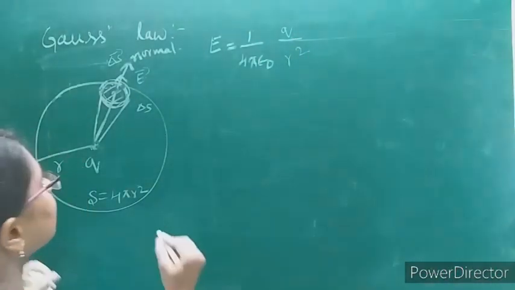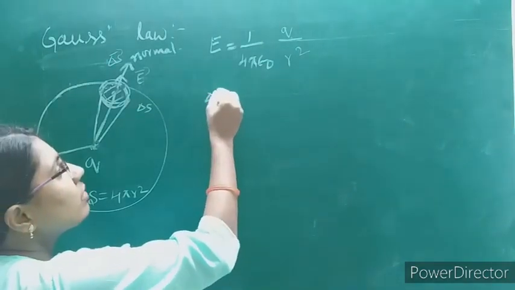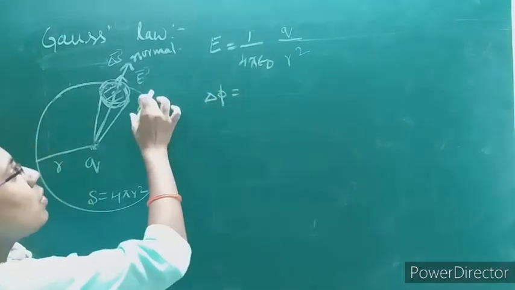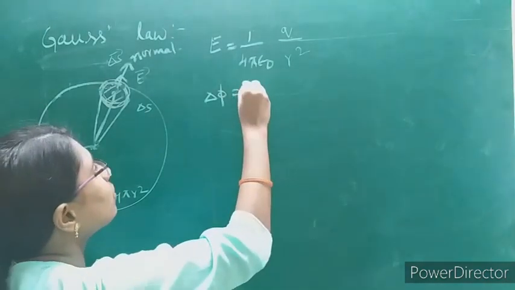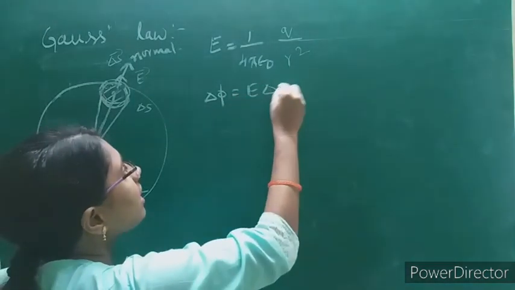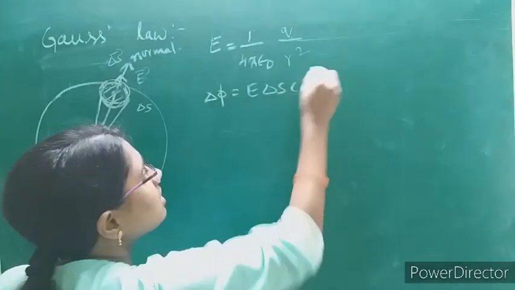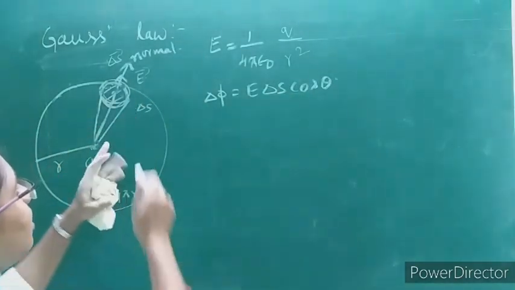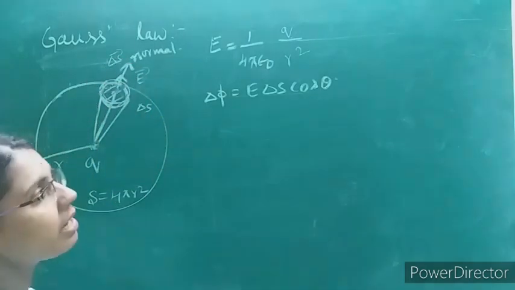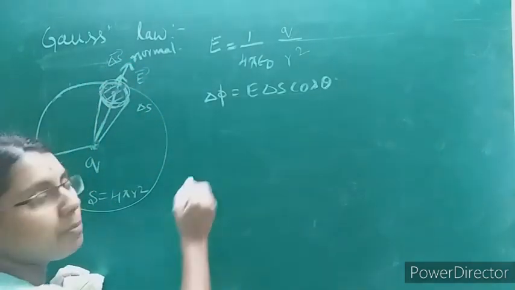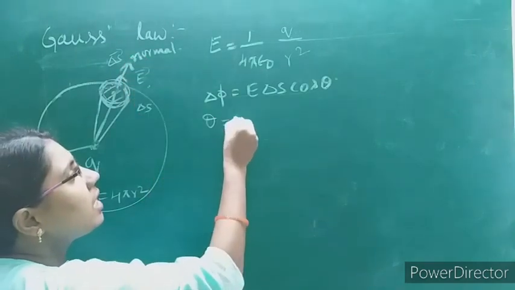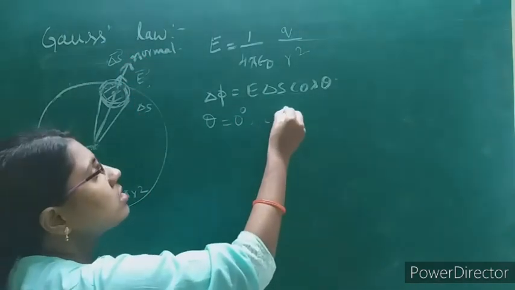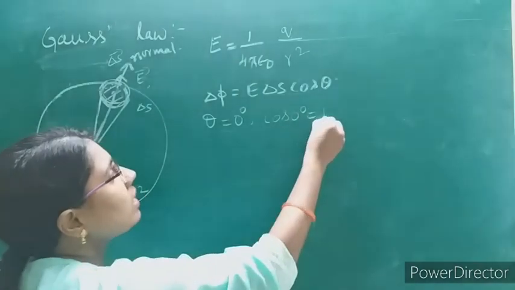From the concept of electric flux, the electric flux due to the small area element is given by delta phi is equal to E into delta S cos theta, right? But here the direction of the electric field and the direction of the area vector are the same. So since both are in the same direction, angle theta is 0 degree, therefore cos 0 is equal to 1.